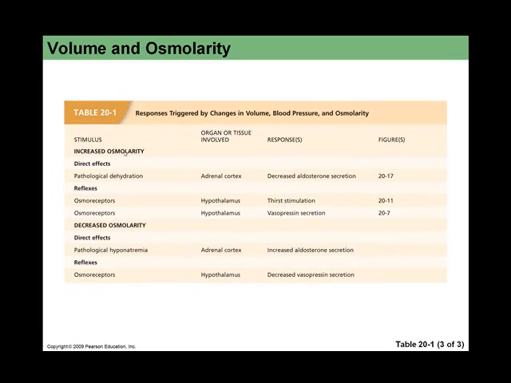Now let's consider increased osmolarity. Well, the direct effects are going to be a pathological dehydration that will trigger directly at the adrenal cortex a decreased aldosterone secretion. So this is not the typical type of thing that you encounter on a regular basis.